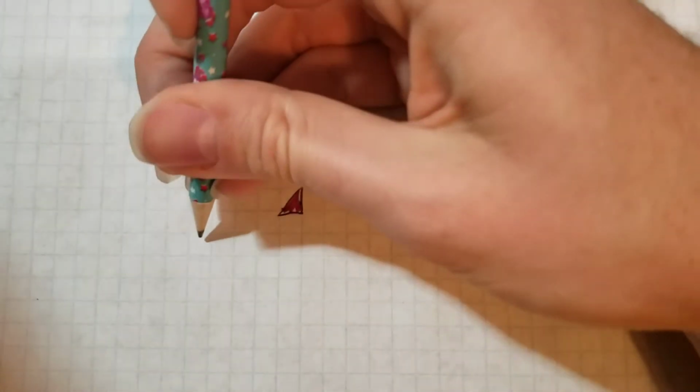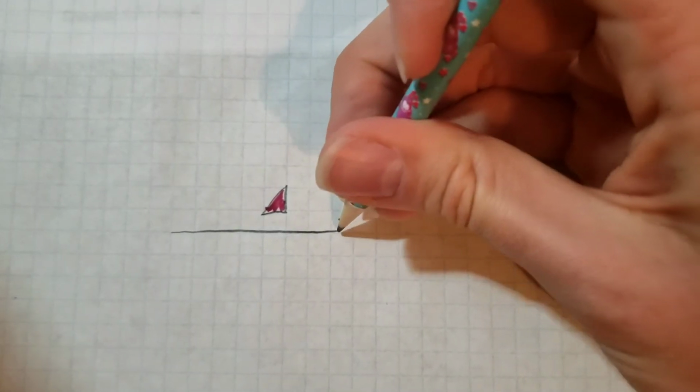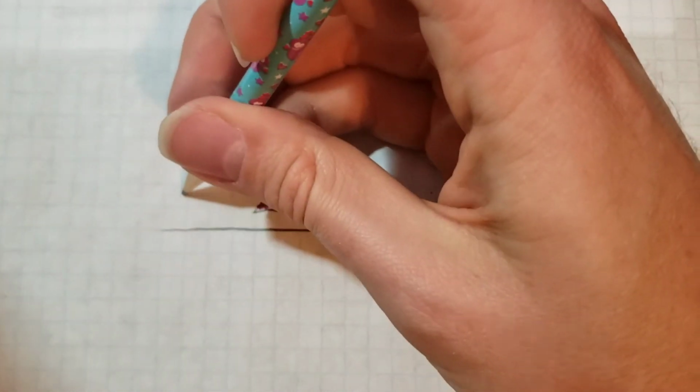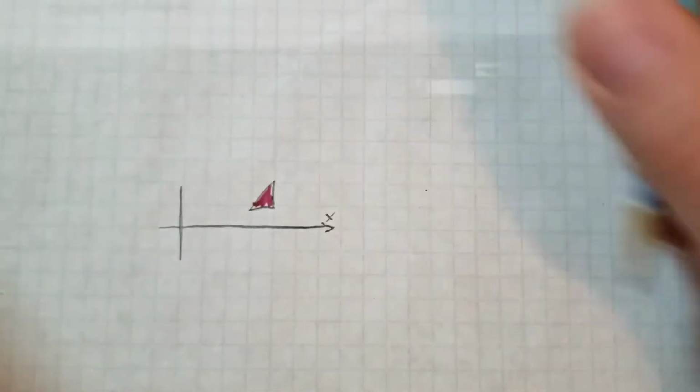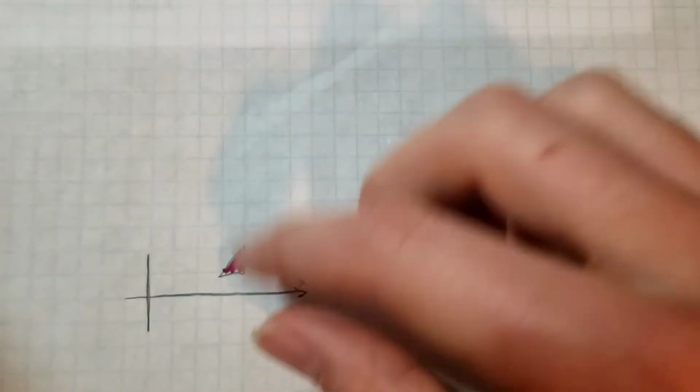Now, if I were to reflect it across the x-axis, well, I need to fold the paper at the x-axis.